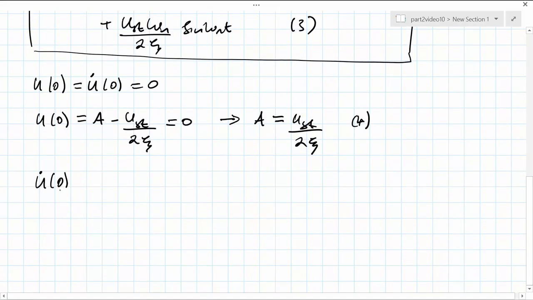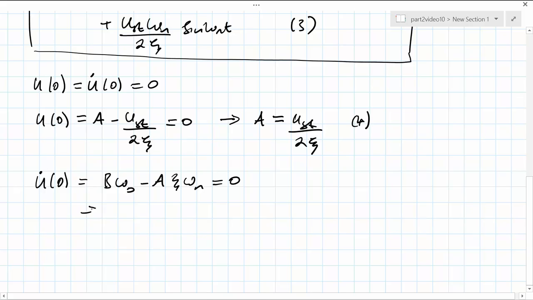For the velocity at the steady state, we have b omega d minus a zeta omega n, that's equal to 0.